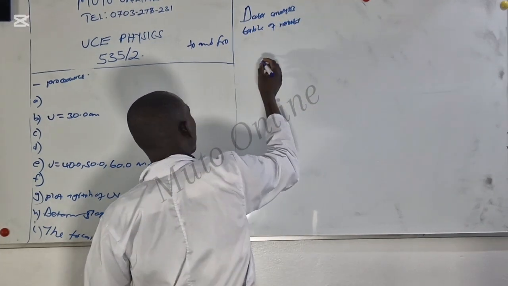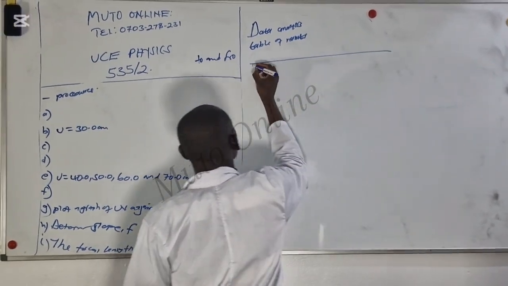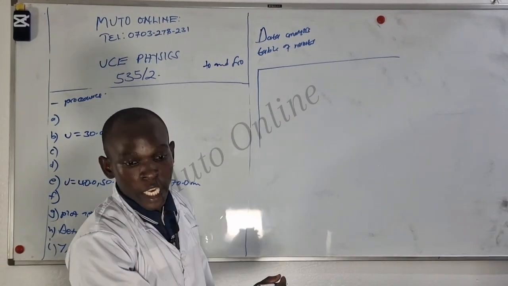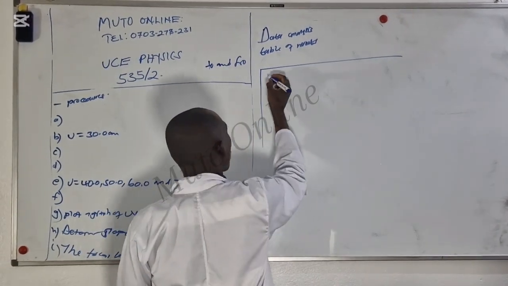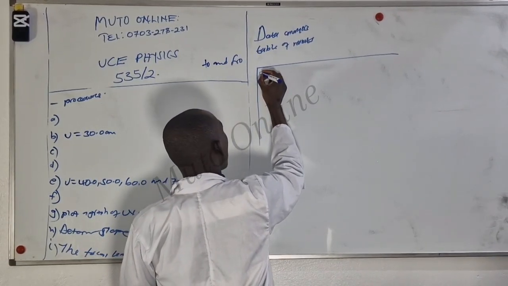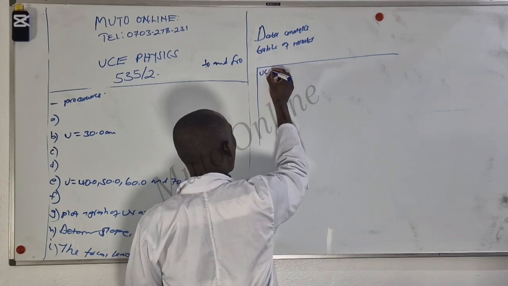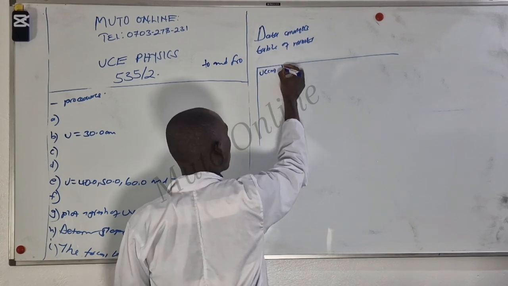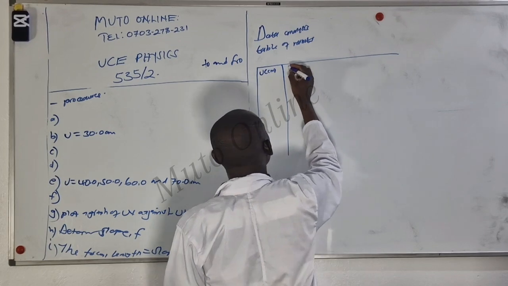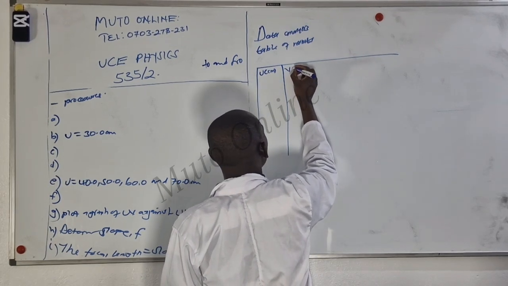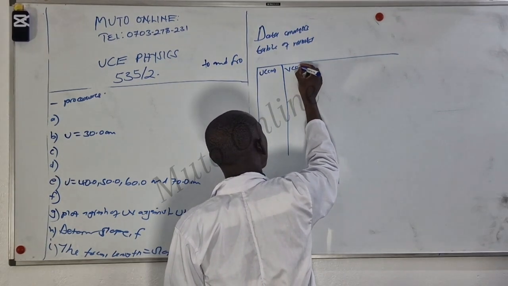In the table of results, you have to begin with the independent variable in the first column, and the independent variable was object distance u, and you have to put the unit, which is centimeters. Then the moment we have u, we shall always get v, which is the image distance, still in centimeters.